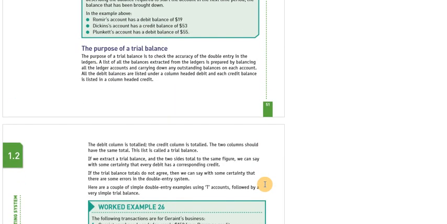Now the last topic of this session is the purpose of trial balance. What's the purpose of trial balance? The purpose of trial balance is to check that we have entered all the relevant ledgers into the trial balance. If the debit side of the trial balance is equal to the credit side of the trial balance, it means we have posted all the relevant ledgers into the trial balance.